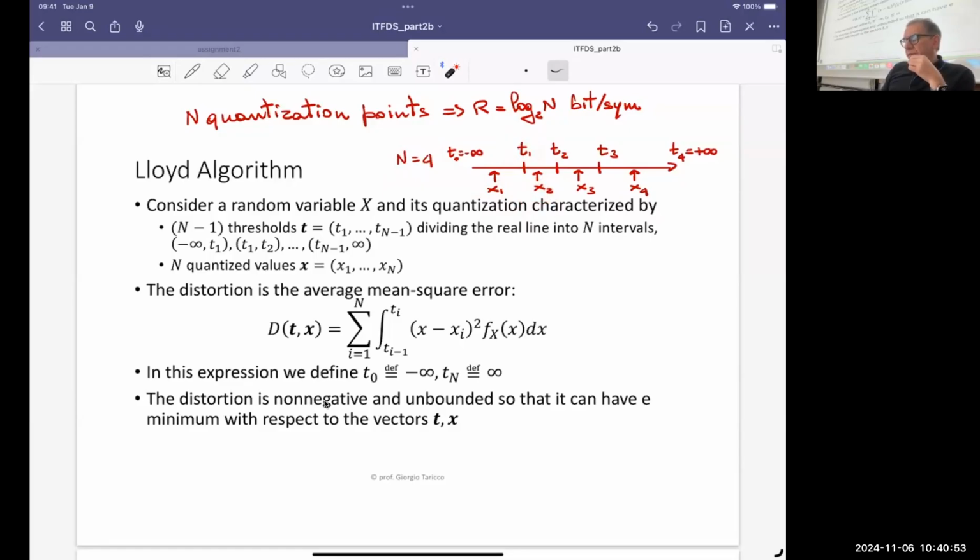And in this way, we have the sum of n integrals from t sub i minus 1 to t sub i, that are the two thresholds delimiting the quantization interval. And we integrate x minus xi squared times the probability density function.